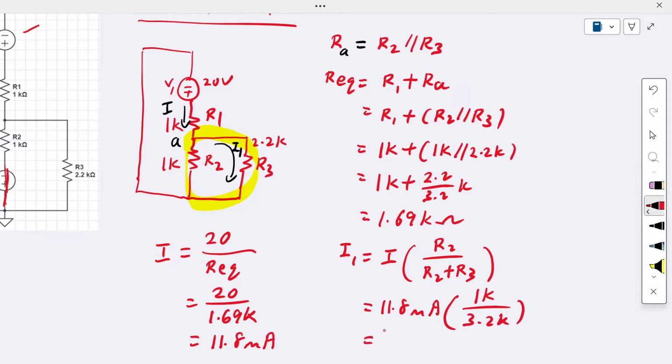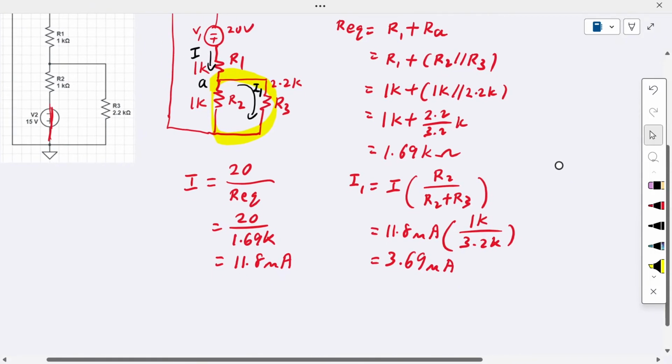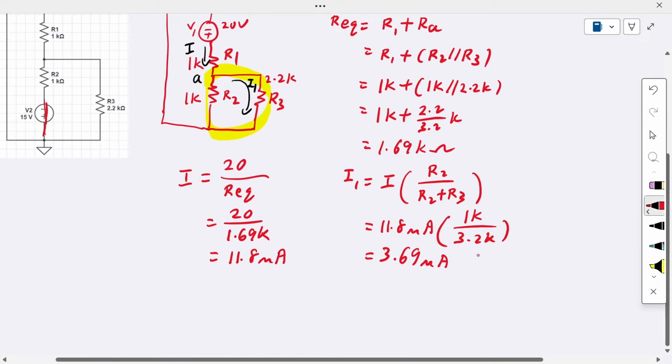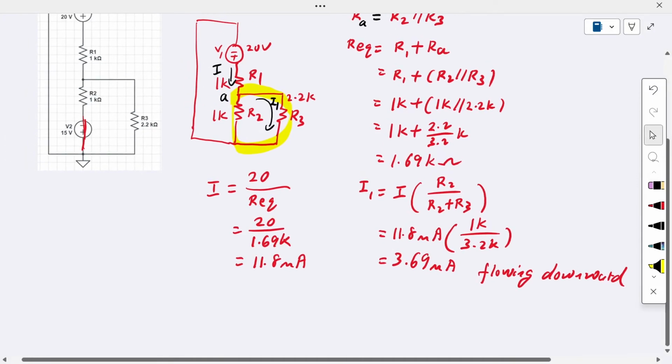From this, you get the current passing through R3 contributed by the voltage source V1 as 3.69 milliampere. This current is flowing downward. So that is the current contribution from V1.